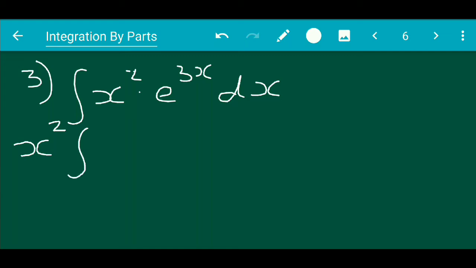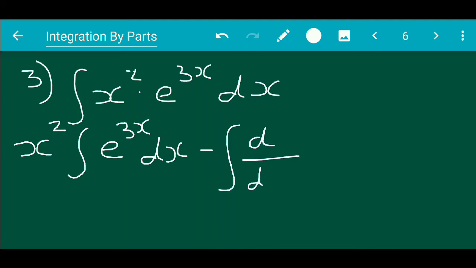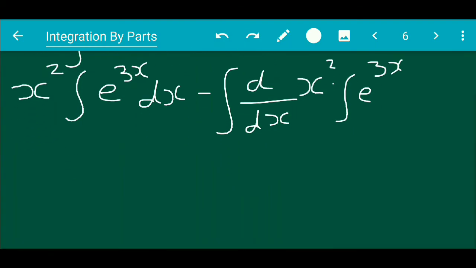So obviously in the same way, e raised to 3x becomes v and x square becomes u. So we get x square the integral of e raised to 3x dx minus the integral of d dx of x square, and once again the integral of e raised to 3x dx, the whole into dx.